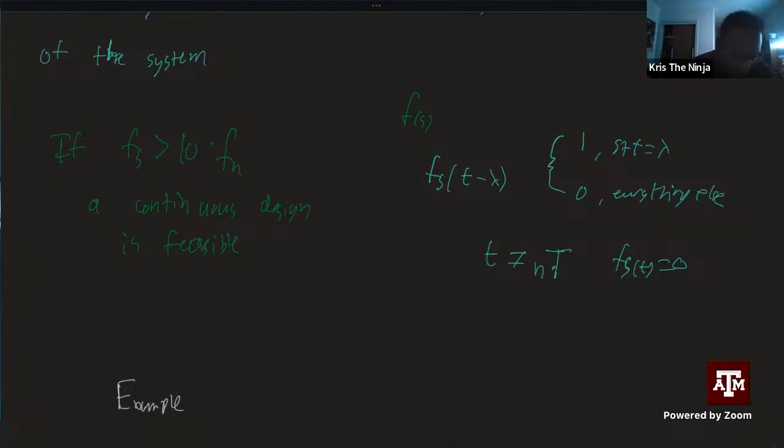Multiply both sides and we end up having s u plus 5u equals s y plus 10y.